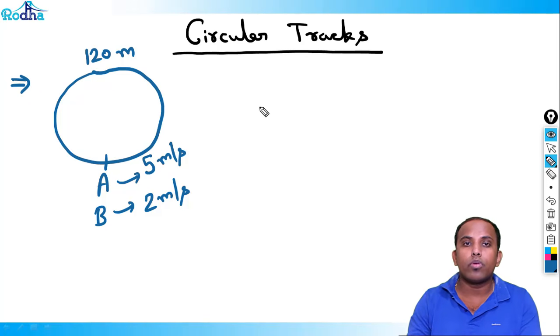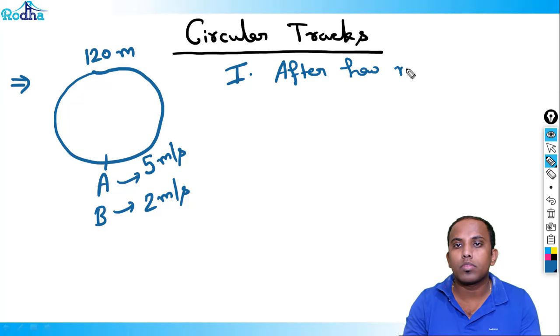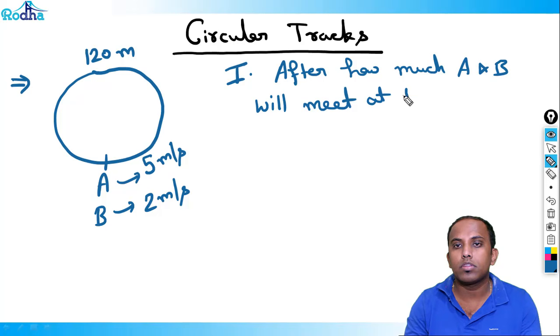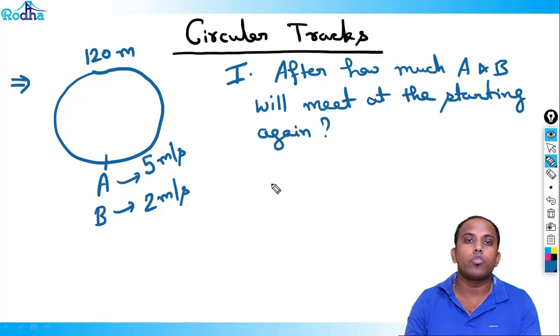So the first case we are going to discuss here is: after how much time will A and B meet at the starting point again? This is what we'll discuss now.